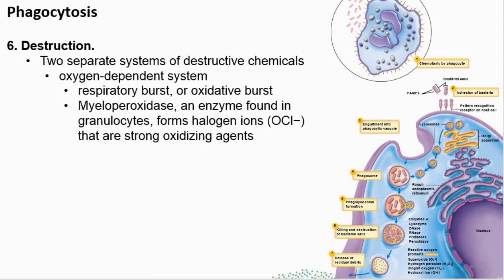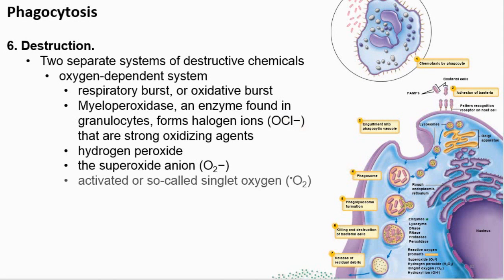And they form halogen ions, which are really oxidizing. So they will actually begin to react chemically with parts of these bacteria and tear them apart. Another one is hydrogen peroxide, and then superoxide anion. And then that singlet oxygen that we talked about in a previous chapter, as well as hydroxyl free radical, which is different from the hydroxyl ion, which is also very destructive, by the way.